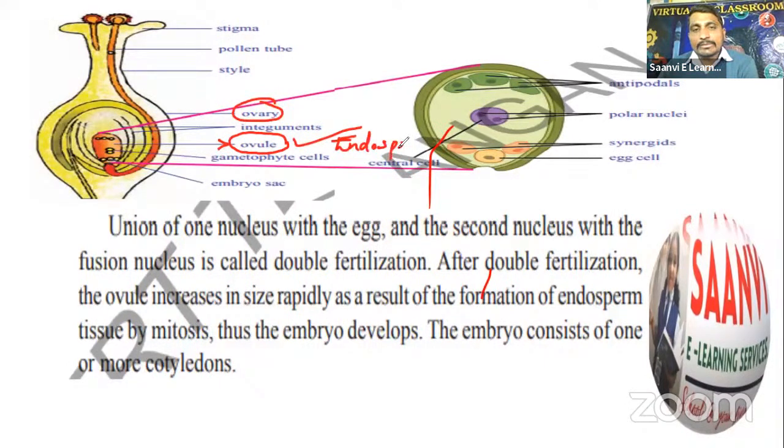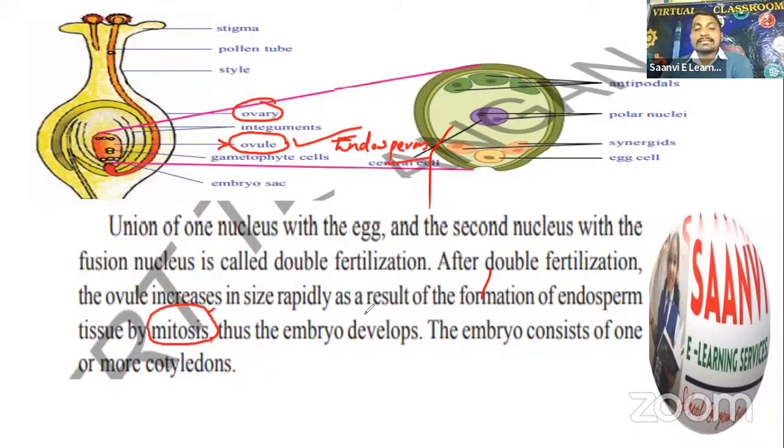Endosperm is nothing but a tissue. By what process? Does the number double or halve? It doubles in number, because it is rapidly developing. The ovule is increasing, so we can expect that mitosis cell division is taking place.